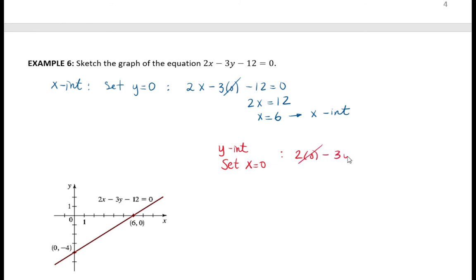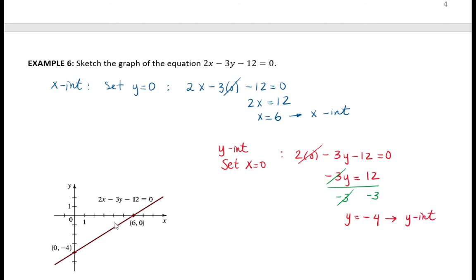Minus 3y minus 12 equals 0. So negative 3y equals 12. You can divide both sides by negative 3, because we want to find y. So here, y equals negative 4. This is our y-intercept.